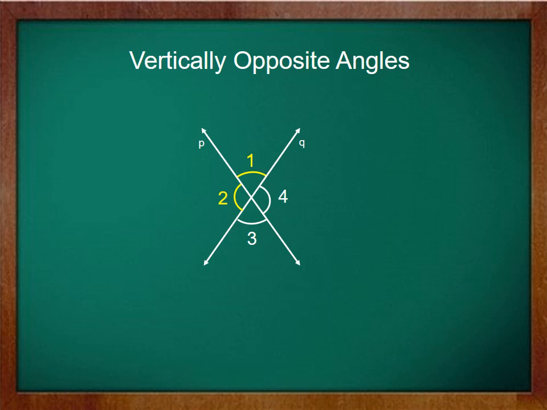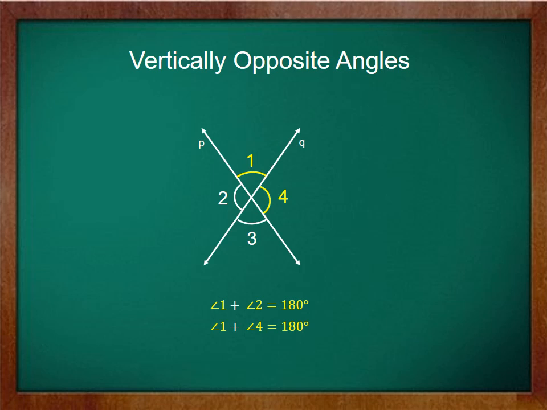Let's try to prove how vertically opposite angles are equal to each other. If you look at angles 1 and 2, they form a linear pair because 1 and 2 are adjacent to each other and the sum of angles 1 and 2 is equal to 180 degrees, because they lie on the same line, that is Q. And if you look at angles 1 and 4, they again form a linear pair.